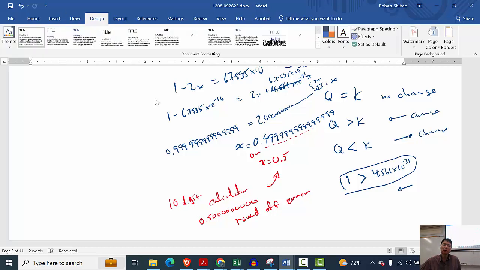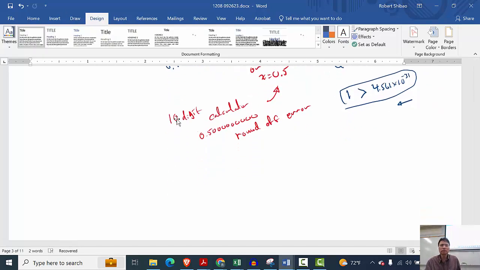Round off error is common when we have a large change.